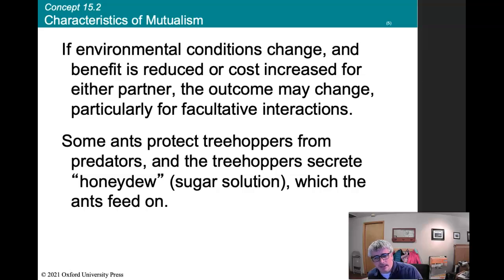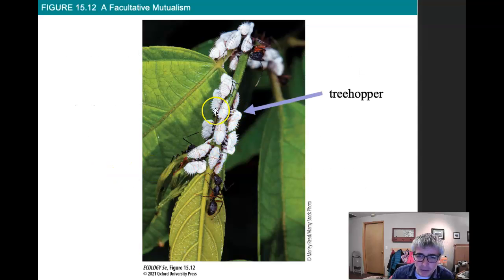These are small bugs that live on trees in South America, and they secrete honeydew, a sugar solution that the ants feed on. And in turn, the ants help protect the tree hoppers from predators. So here are the tree hoppers. They're kind of hard to tell. I mean, there's these kind of white things. They're pretty compressed, almost like an amphipod, and they have this high ridge.